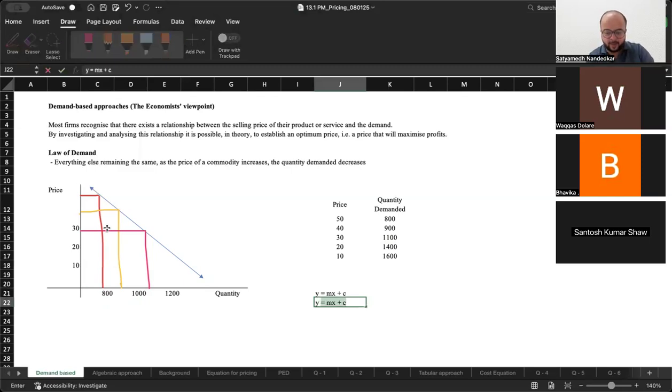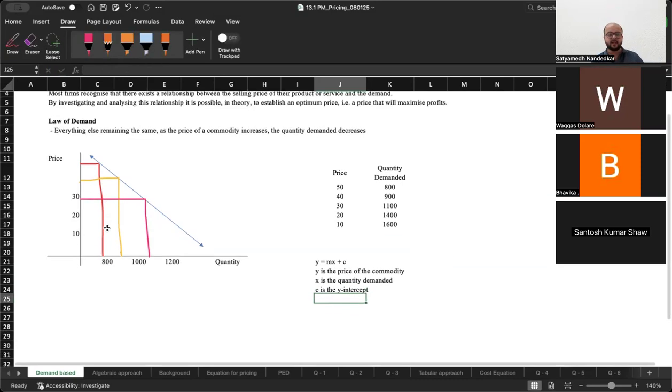Here y is the price of the commodity, x is the quantity demanded, and c is the y-intercept. Now understand what the meaning of y-intercept is.